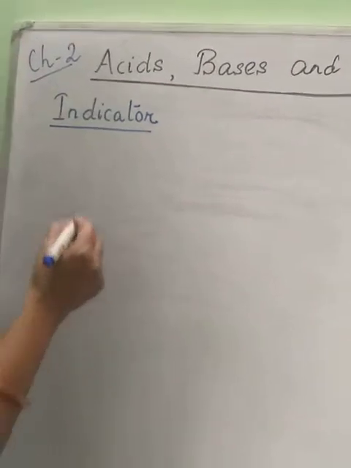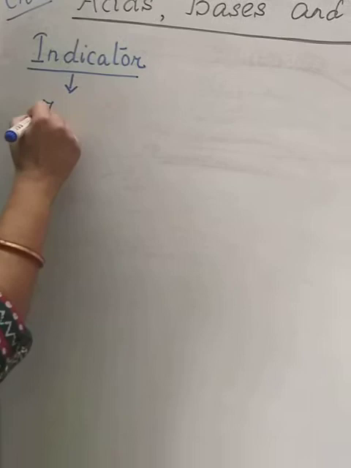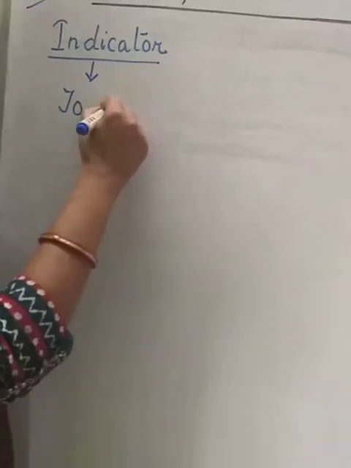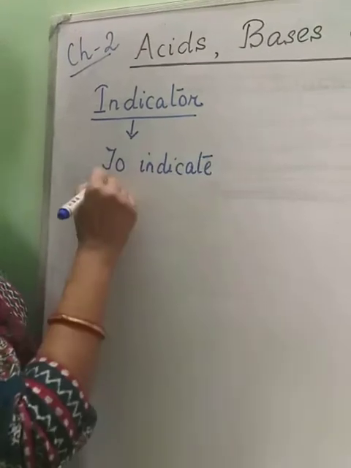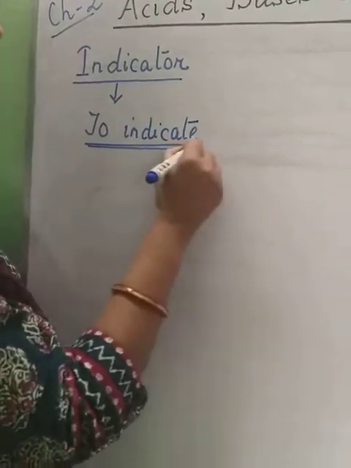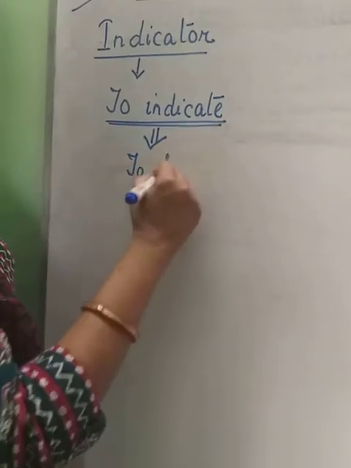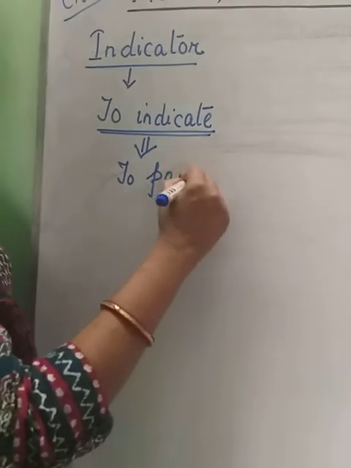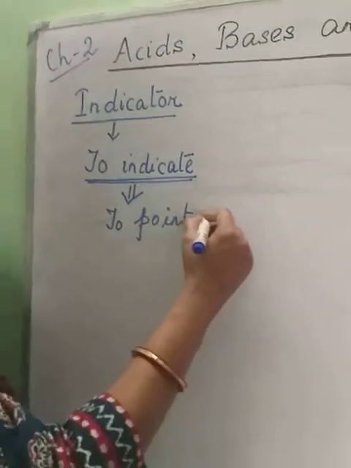Now the term itself is telling to indicate. What is the meaning of this, dear? To indicate means to point out. I am indicating something means I am pointing out to something.